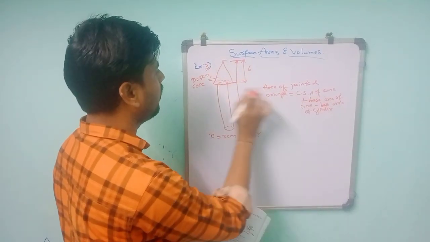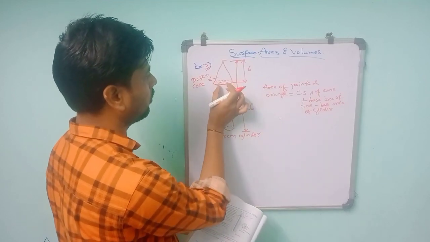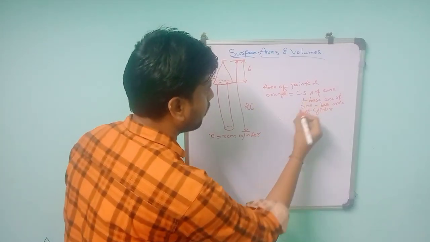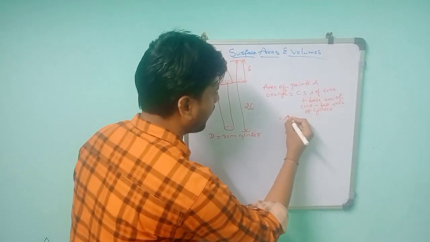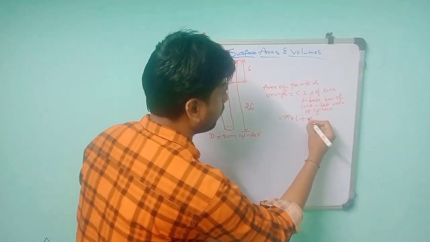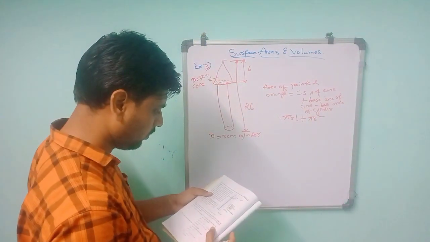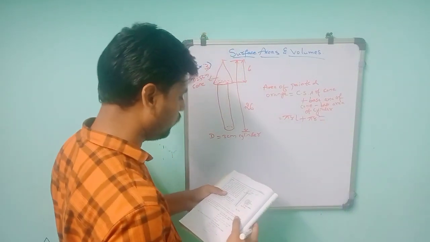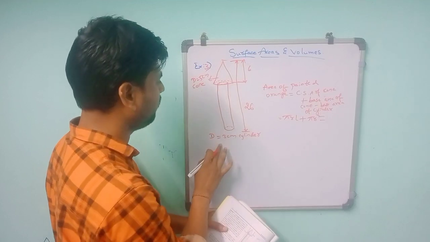The base area of the cone is round, so it is pi r square, minus, because we have two dimensions, one is the cone and another is the cylinder.